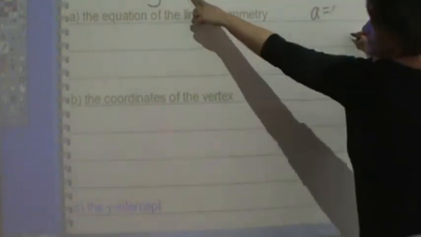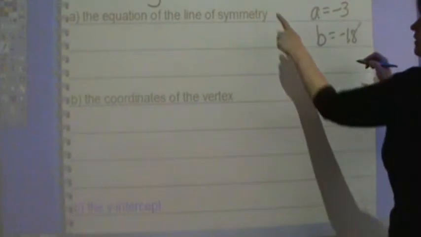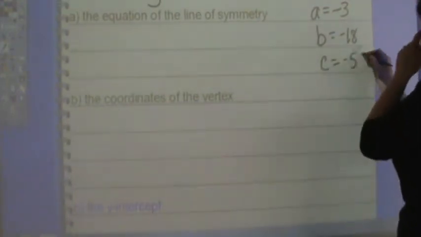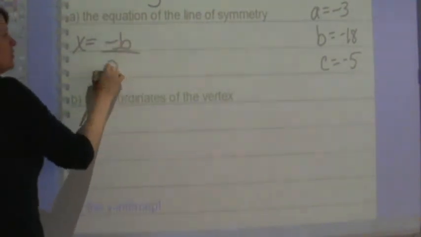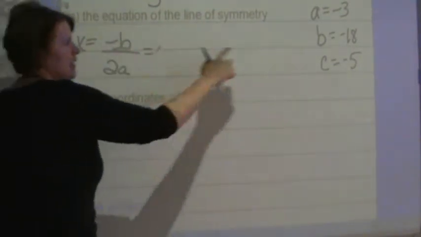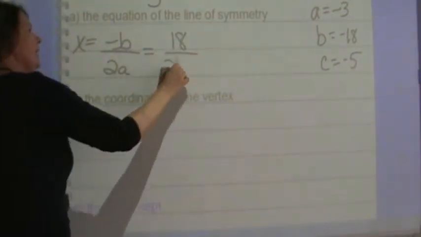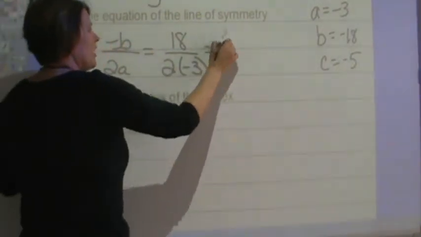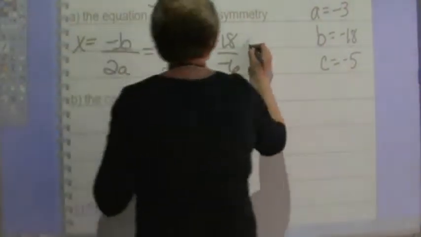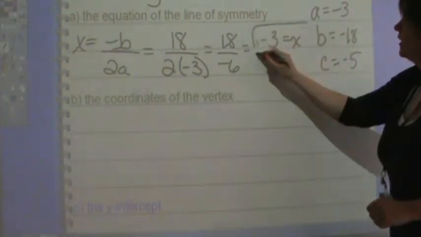My a is negative 3, my b is negative 18, and my c is negative 5. X equals the opposite of b over 2a. The opposite of negative 18 is positive 18, and 2 times a is negative 6. So I have 18 over negative 6, which gets me negative 3. That's my line of symmetry.